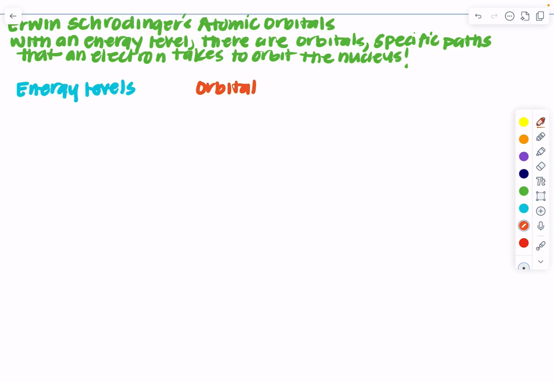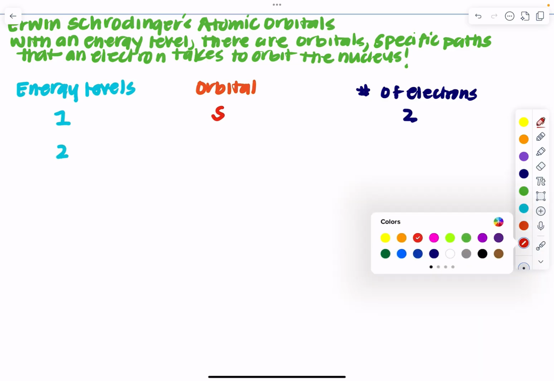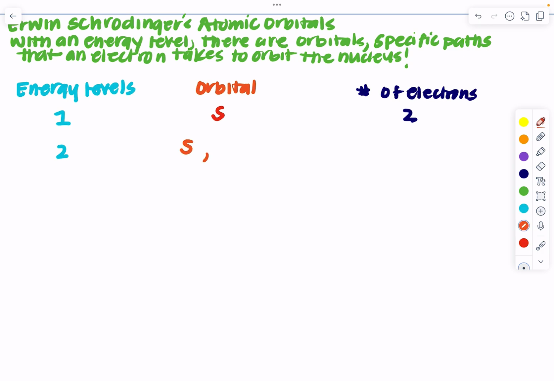And these orbitals can hold a certain number of electrons. In the first energy level, we have an s orbital, and that can hold 2 electrons. In the second energy level, we have, again, the s orbital and the p orbital.